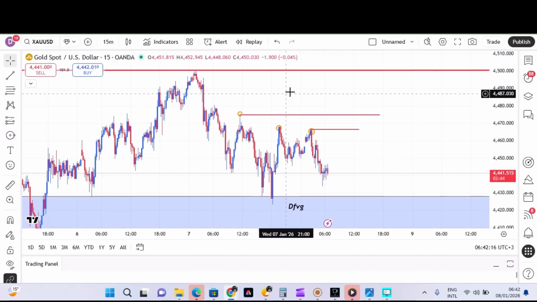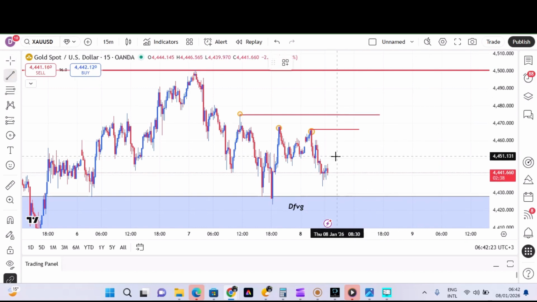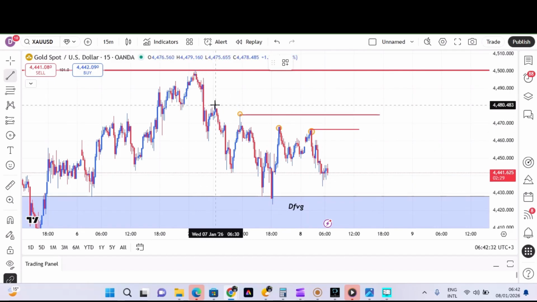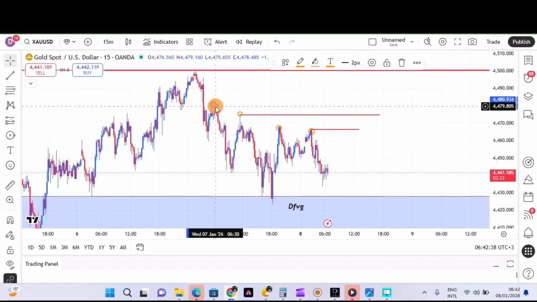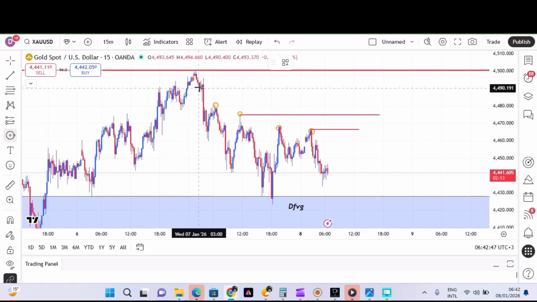Buy side liquidity pass. We also have another liquidity zone here. It's a fair value gap, bearish fair value gap. I'm going to mark it. I want to see how gold behaves. We also have another liquidity zone here. So these are historical futuristic points that the market has to take out.